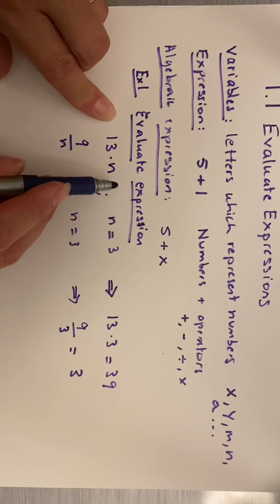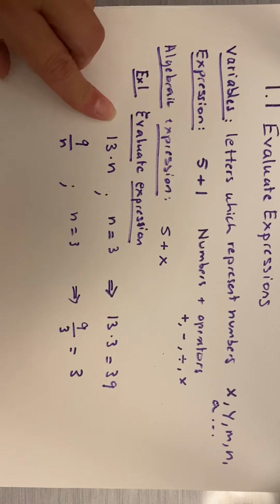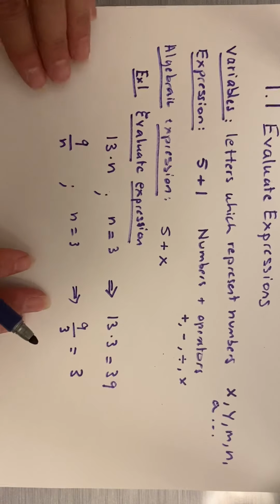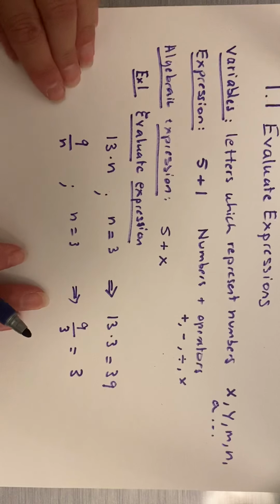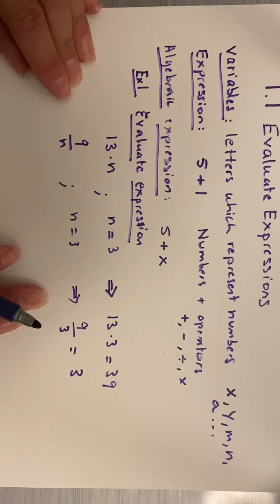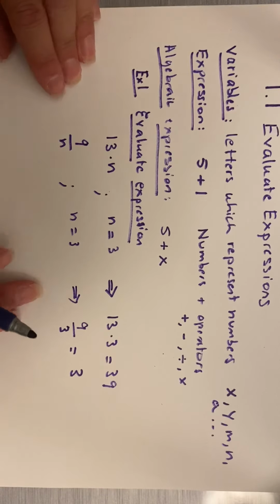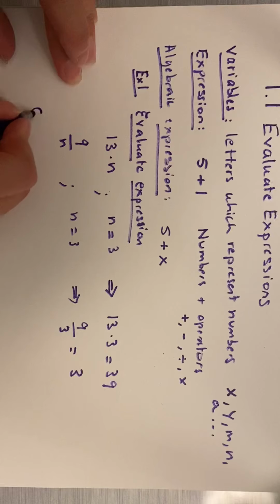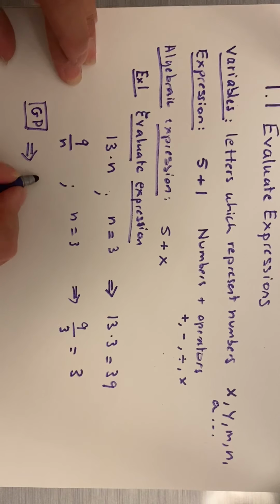So I'm going to sprinkle throughout these lessons little examples for you to do, and this will be your homework to hand in to my class. So right now I'm going to ask you to do guided practice, abbreviated GP, numbers 2 and 3 on page 2 of your textbook and hand those in.